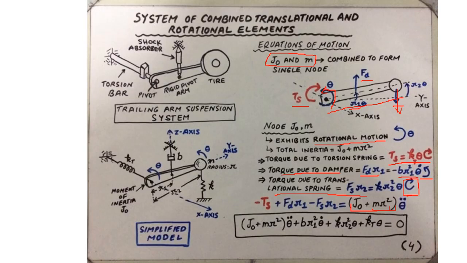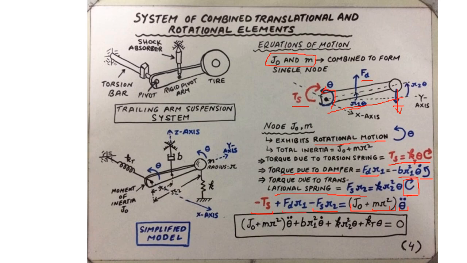So J0 plus m r squared times theta double dot equals minus Ts. That's because the torsion spring torque is opposite to theta, so minus Ts, minus Fs r2. That's because the translational spring force is applying torque that is opposite to theta, plus Fd times r1.